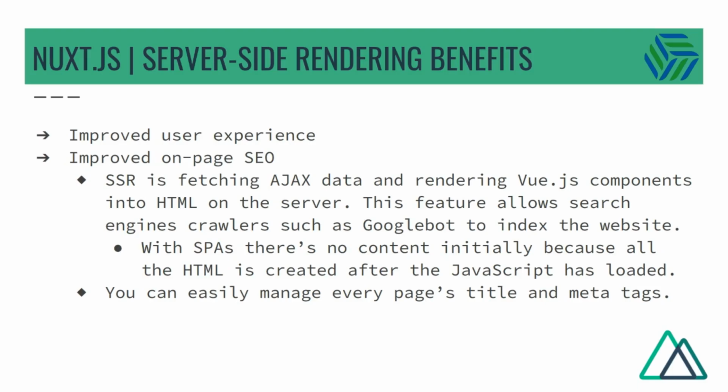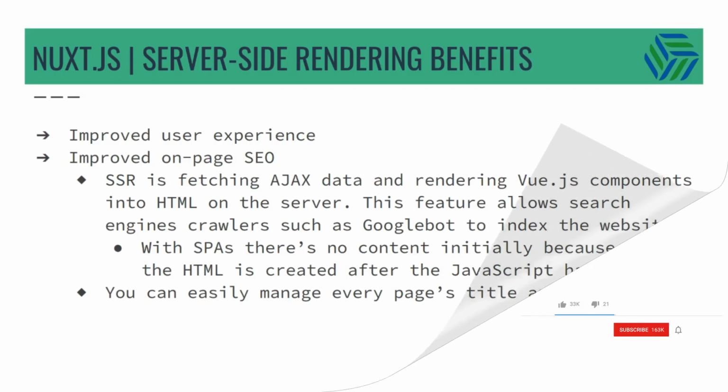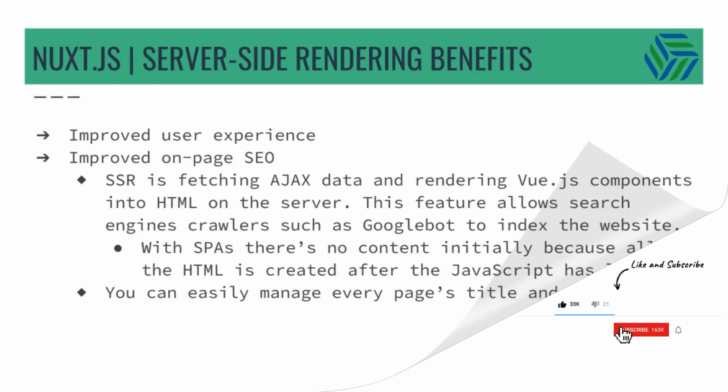This feature allows the search engine crawlers, such as the Googlebot, to index the website with all the HTML DOM elements in the client. With single-page applications, there is no content initially because all the HTML is created on demand after the JavaScript has loaded. And you can easily manage every page title and meta tags to include the keywords that you want to target.